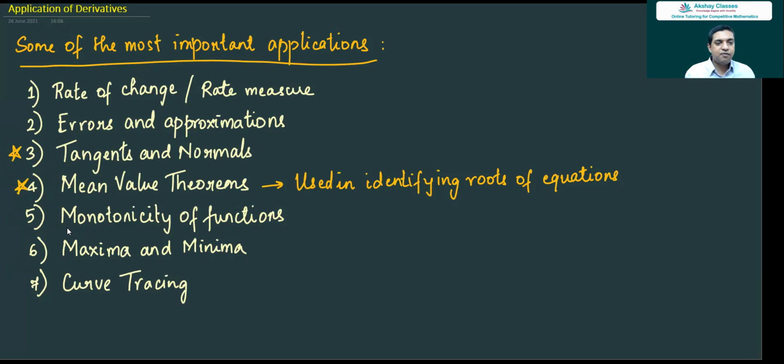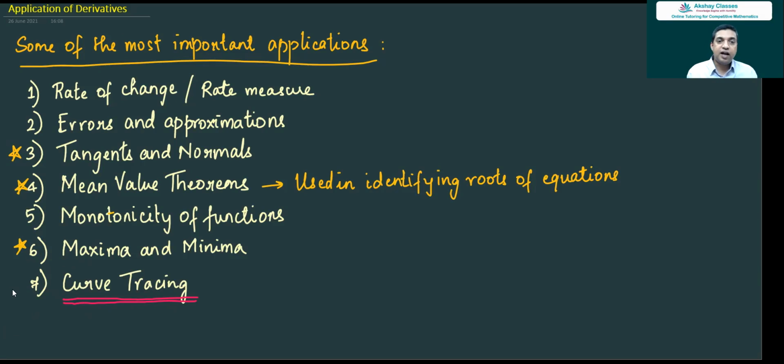Although by itself we don't give importance to monotonicity, it is very useful for finding the maxima and minima of functions. So this is very important. Again, curve tracing is also important, but curve tracing we will do when we do areas under curves by integration and volumes.